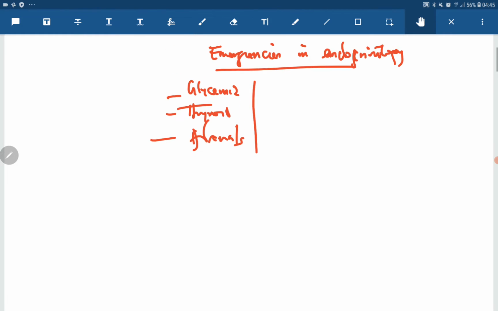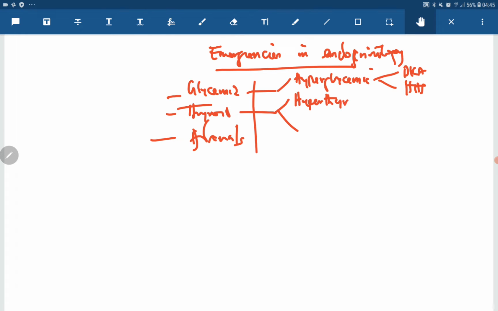And for the glycemic, we just look at the hyperglycemic emergencies. In this, we just talk about the DKA and also the HHS. And then for the thyroid, we talk about the hyperthyroid emergency, and this we talk about the thyroid storm.